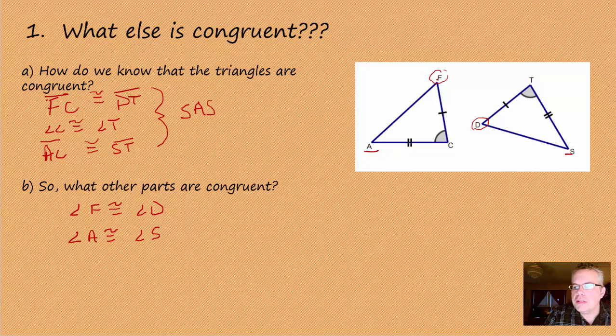And we also know that side FA is congruent to SD. We didn't know that before either. So there's three things now that we know. The first three things we were given were enough to conclude that the triangles are congruent. That means everything in them matches.